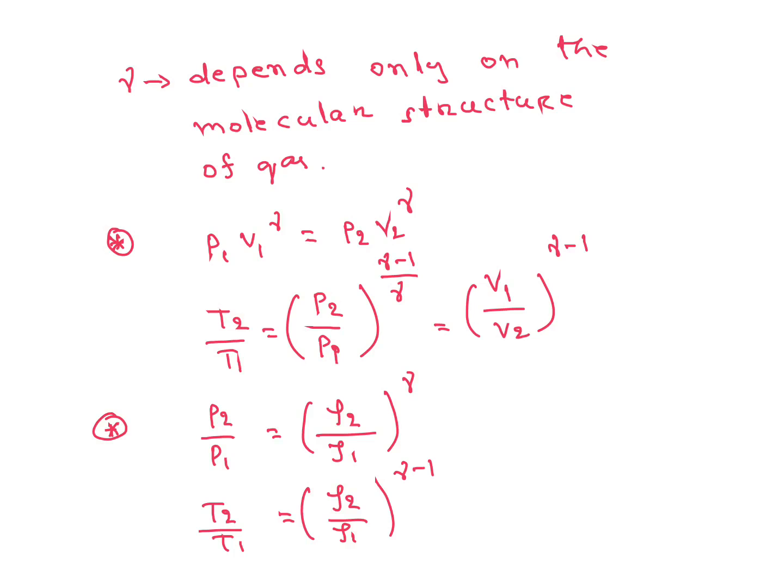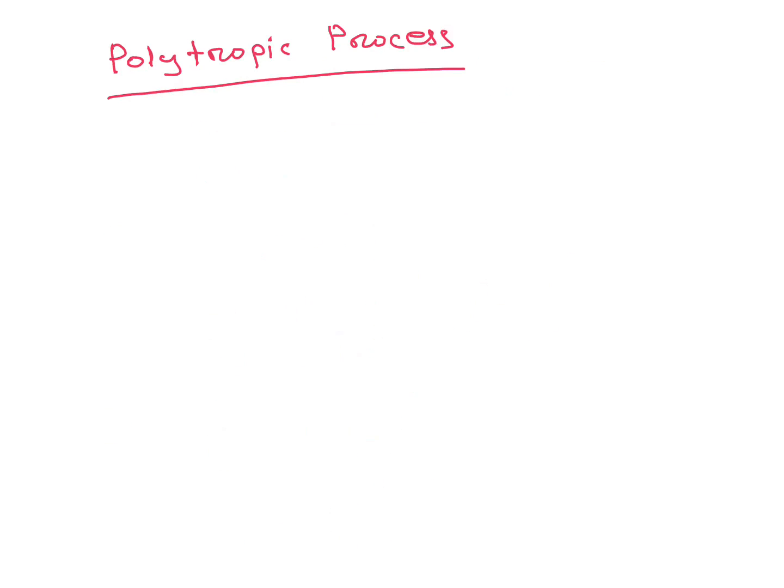Then polytropic process, PV to the power n equal to constant. In a polytropic process, it's not adiabatic. This is very important, but it can be reversible.